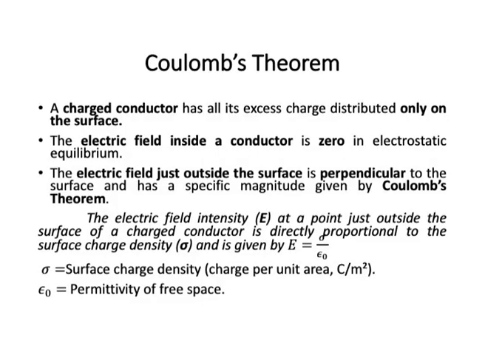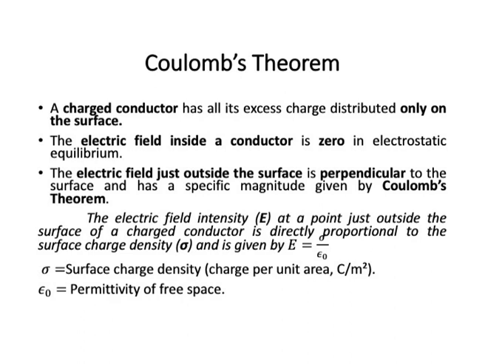To state Coulomb's theorem, the electric field intensity E at a point just outside the surface of a charged conductor is directly proportional to the surface charge density sigma, and it is given by E equals sigma by epsilon naught.